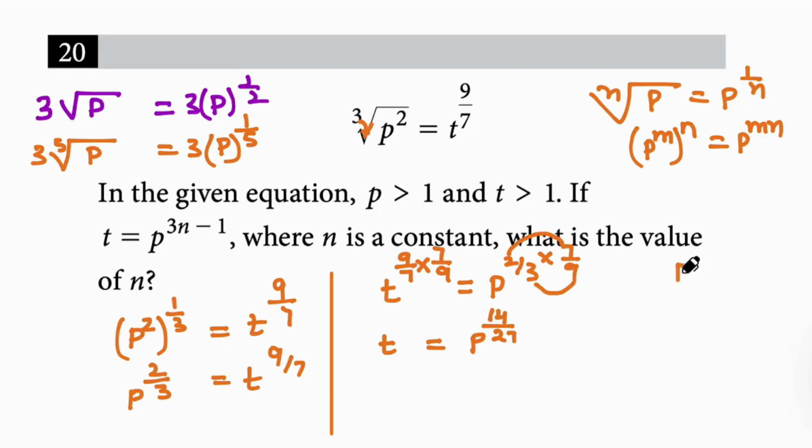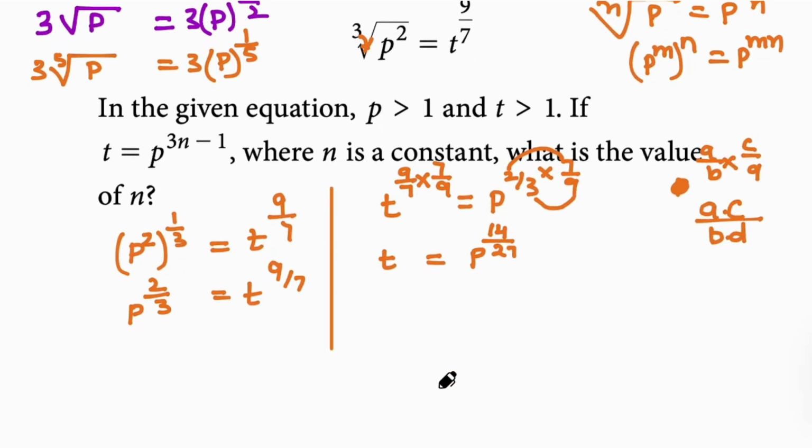The rule is, if we are multiplying two rational numbers, numerator is multiplied with numerator and denominator is multiplied with denominator, right? Now we have t is equal to p to the power 14 over 27, but the question says t is equal to p to the power 3n minus 1.